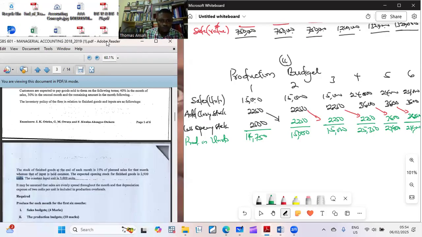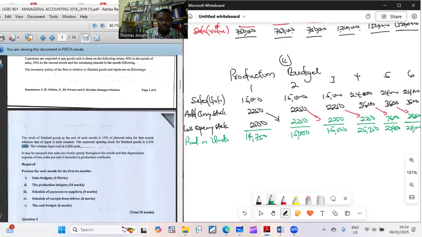So you are told that it is constant. It is constant means that you will be buying exactly this quantity. That is the meaning. And the question said that the constant input, for the finished goods, is 3,000.